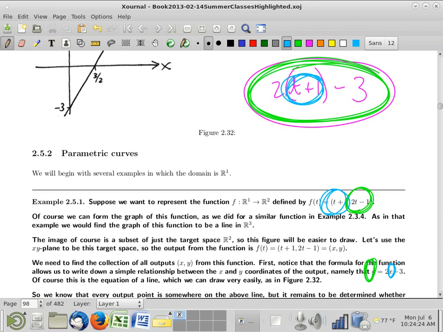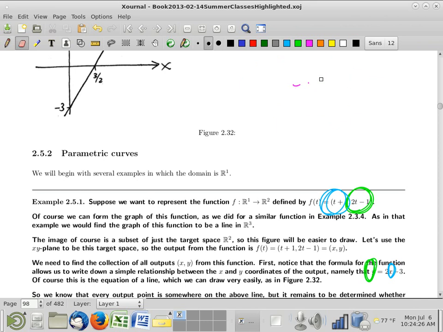So now what do I conclude from this? Because this gives me that relation, every point that comes out of this parameterization, every output from this function, every point on the image that I'm trying to deduce, satisfies this equation.